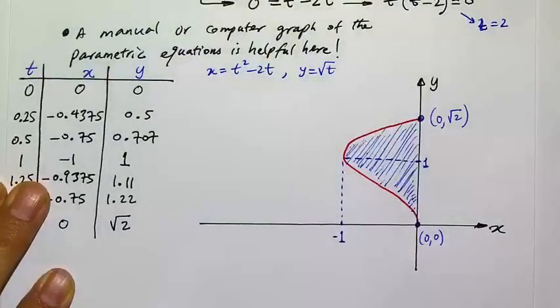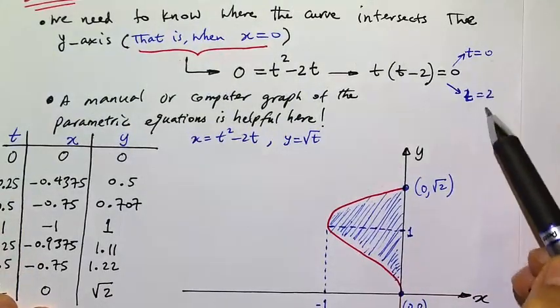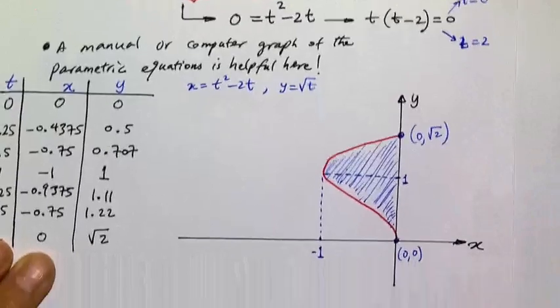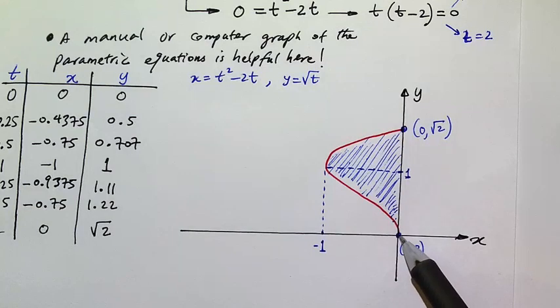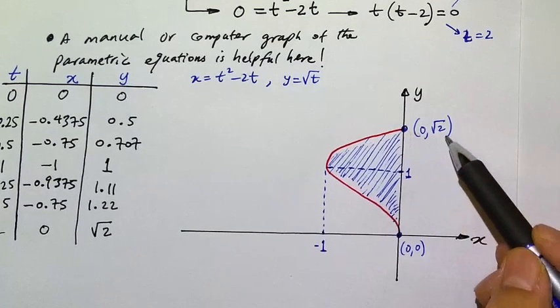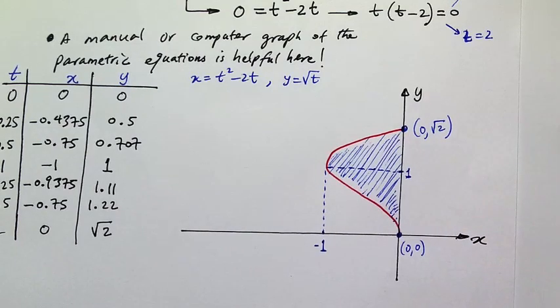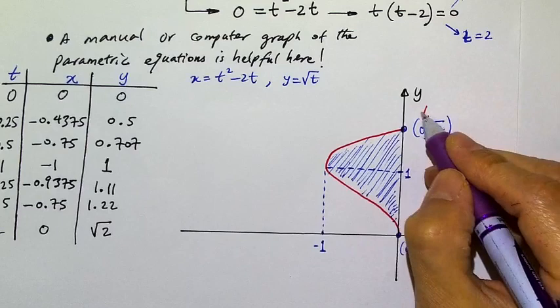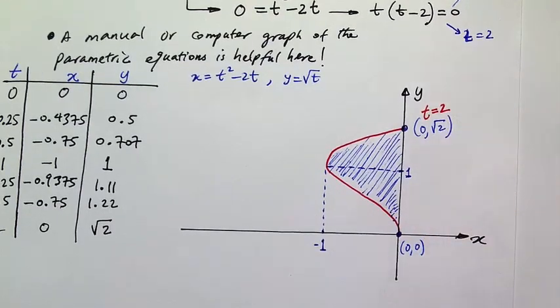We know that t varies from 0 to 2. But with respect to the y-axis, the integration is happening from y equals 0 to y equals the square root of 2. As a matter of fact, let me write that here. So this point is associated with parameter value 2, and this point is associated with parameter t value equals 0.